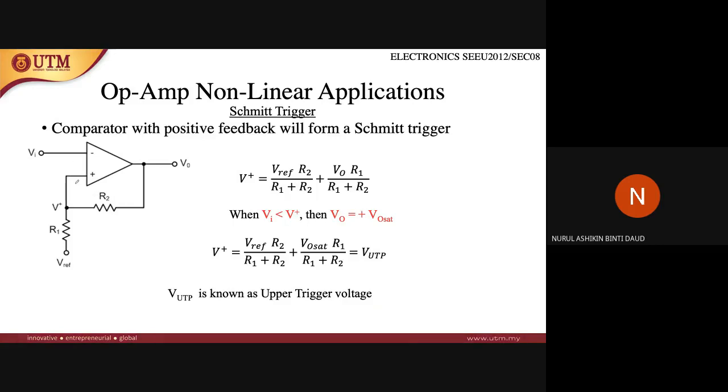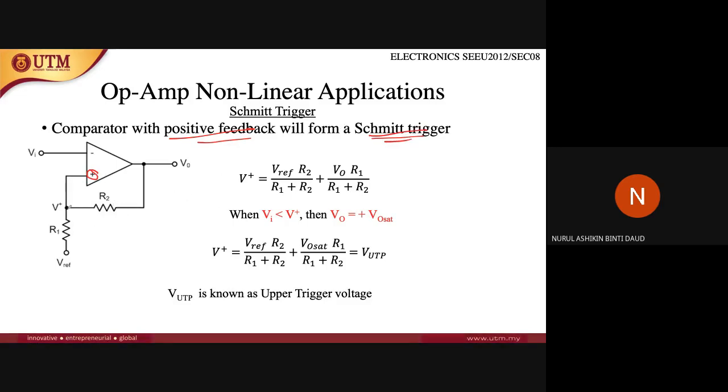Okay, so as mentioned just now, you just need to add positive feedback to form a Schmitt trigger. No matter whether the signal is at the positive or the reference is at the positive, you need to add positive feedback at the positive terminal, the non-inverting terminal, for you to form the Schmitt trigger.